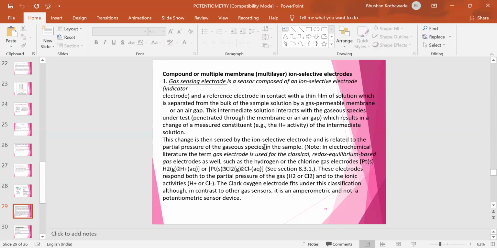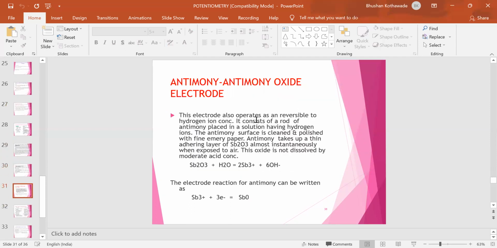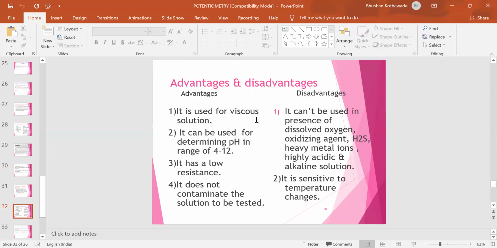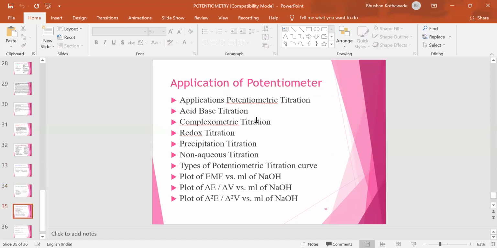So the glass sensing electrode only permits H plus ions to come inside, not other ions. Enzyme substrate electrode. Antimony electrode is also an indicator electrode. Quinhydrone electrode is also an indicator electrode. Okay, so this is all about the electrodes which are used in potentiometry.